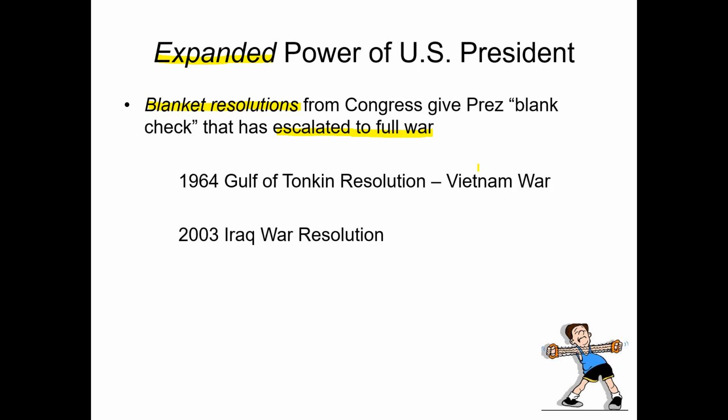Now, in 1991, the Gulf War resolution was actually more controversial than these others, but it was generally more successful when we pushed Saddam Hussein back into his borders after he had invaded Kuwait.